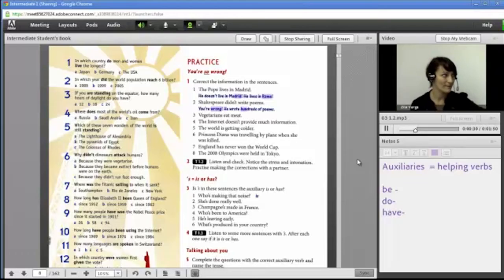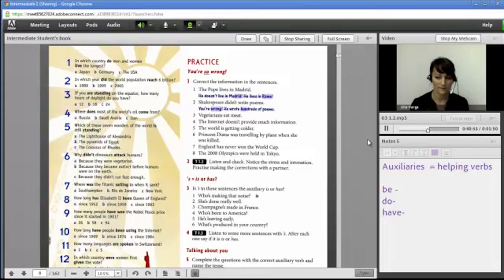Vegetarians eat meat. Of course they don't eat meat. They only eat vegetables and sometimes fish. 4. The internet doesn't provide much information. Rubbish! It provides lots. Sometimes I think that it provides too much.